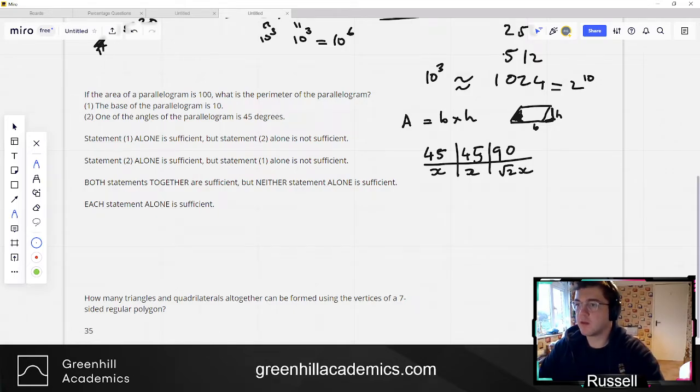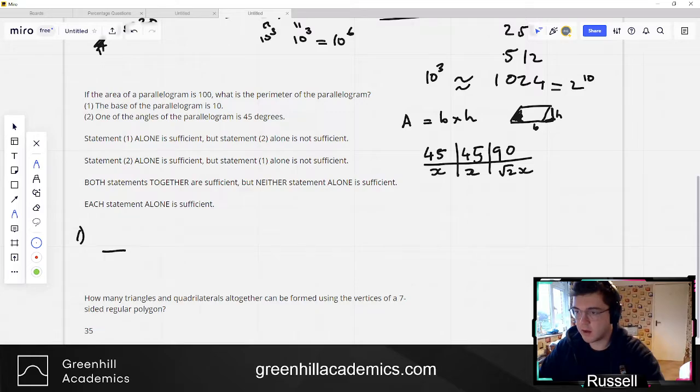Okay, so if the base of the parallelogram is 10, let's consider statement 1. We know that the area of the parallelogram is 100. We know that B equals 10, A equals 100, so H must equal 10.